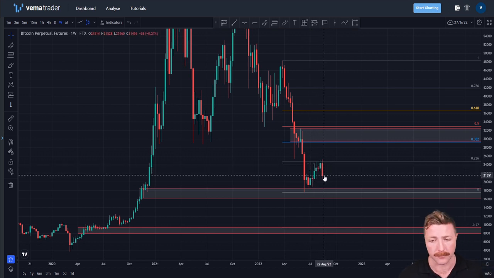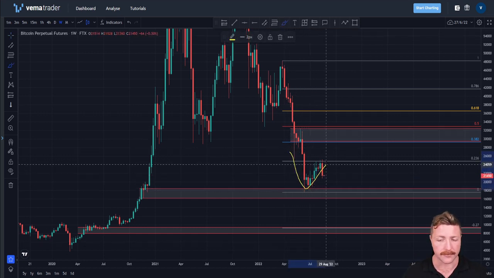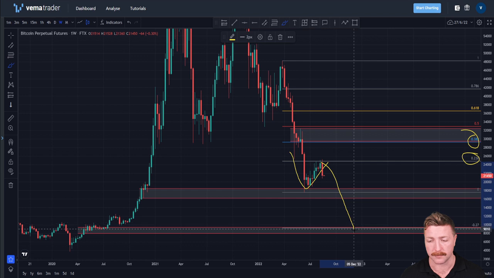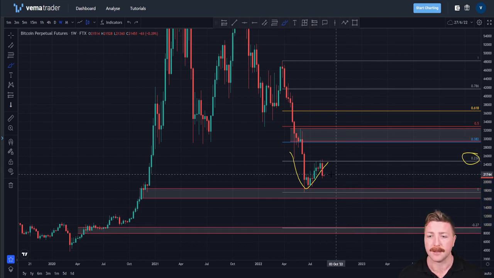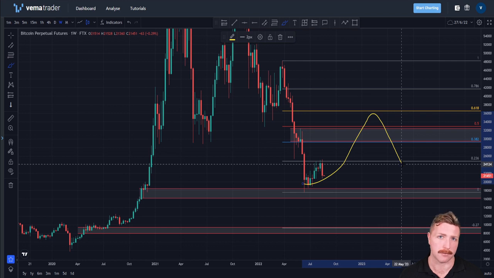A big bearish engulfing. Now, if any of you are familiar with Donnie's trading, he is a big proponent of what he calls the springboard, right? When it comes to fibs, essentially the less of the retracement that we see, so the lower the fib level, then the bigger the next move down is likely to be. So if we came back to the 61.8, the next move down might just be, say, the 23.6.